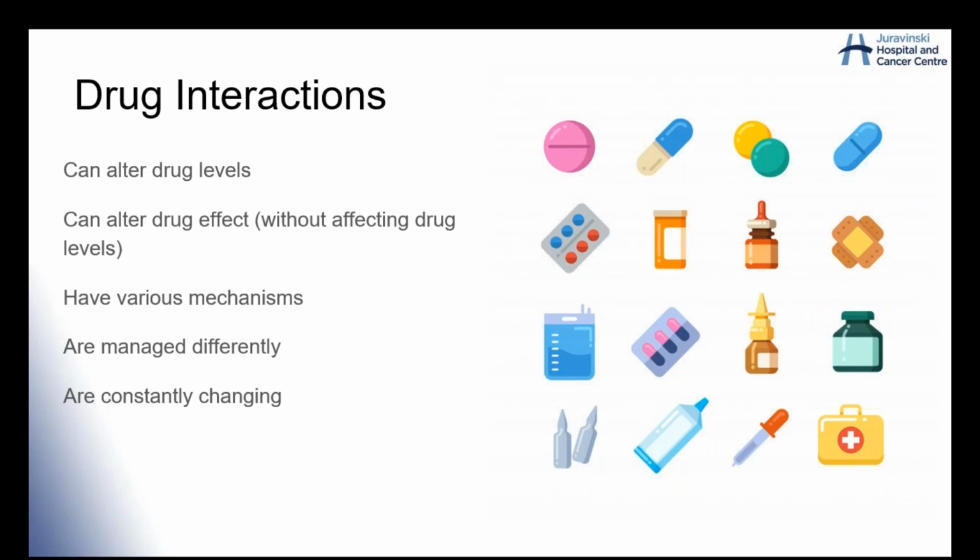Drug interactions are also constantly changing. When a drug becomes commercially available, it comes with a list of drug interactions that we were able to identify during the clinical trial phase of the drug. But as we use the drug more and more, we start to add more things that might potentially interact with this medication from our experience.